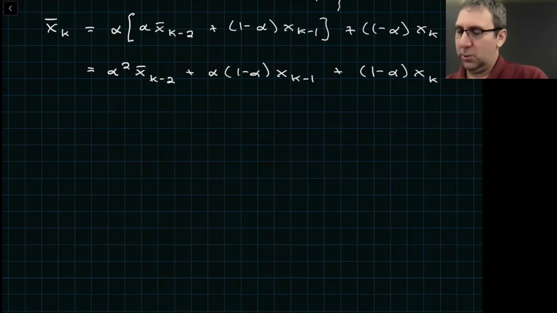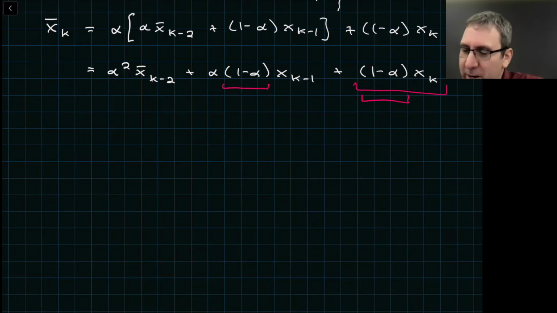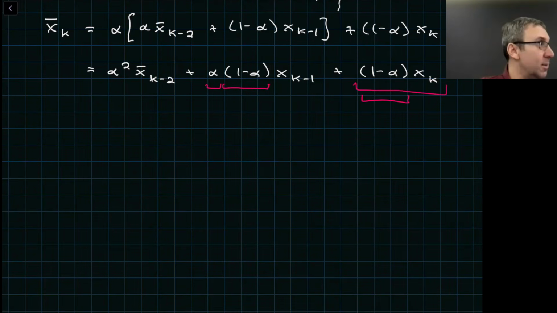So what does this show us? It shows us that the most recent data point is weighted the highest because we've got 1 minus alpha. This also has 1 minus alpha, but it's pre-multiplied by alpha, which is less than 1. So that means this weighting is going down for the data point that was just 1 unit ago. And this will keep on going. If we were to expand this out, you'd see that all previous data points are being weighted exponentially smaller related to this factor alpha.